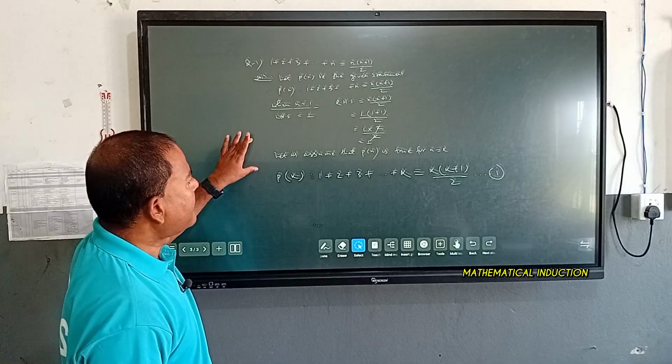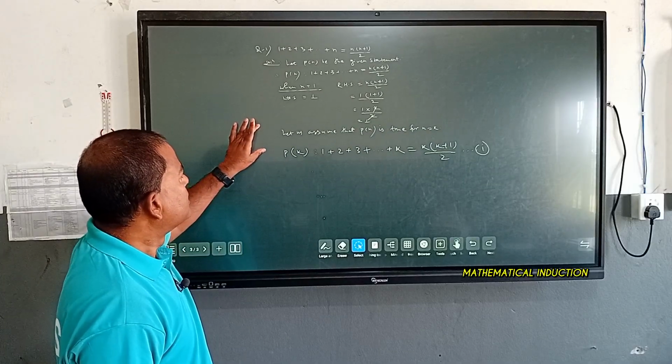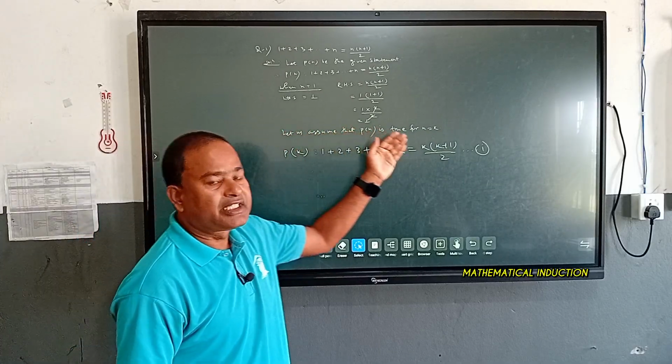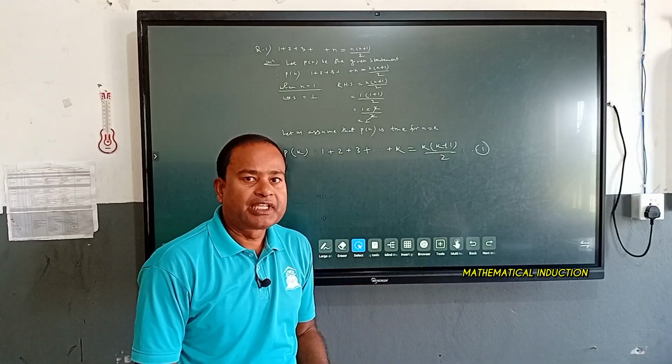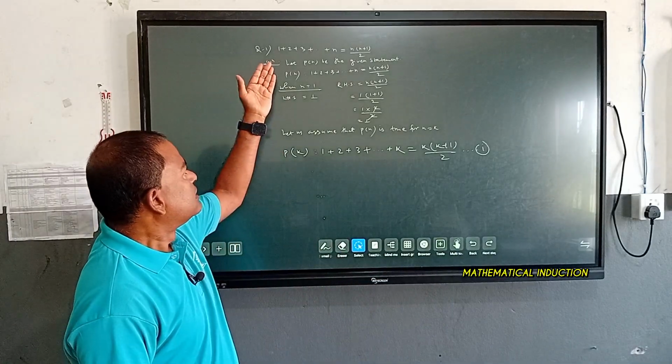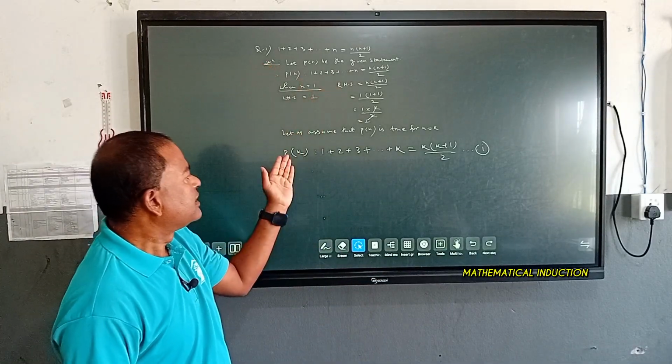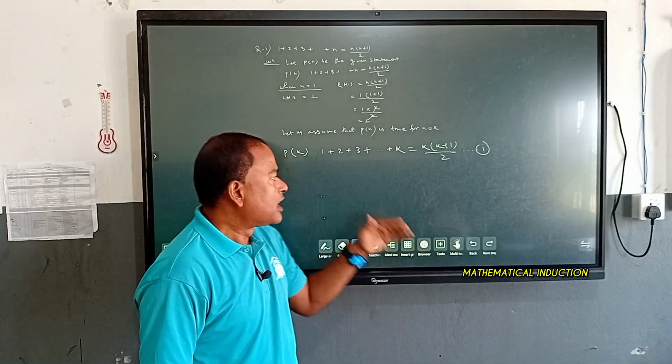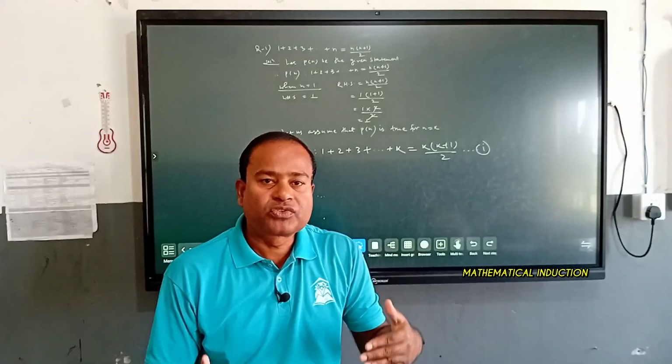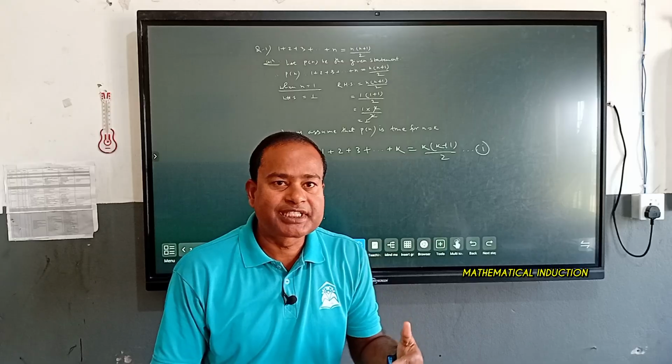Dear students, so after assuming that the given statement is true for n is equal to k, we have got the statement Pn in terms of k. Now we go to the next step, which is the third step.